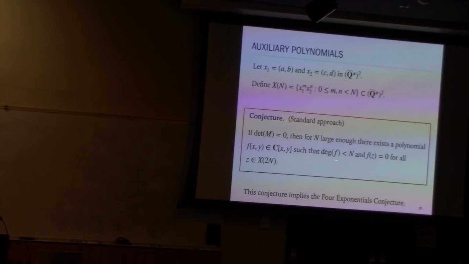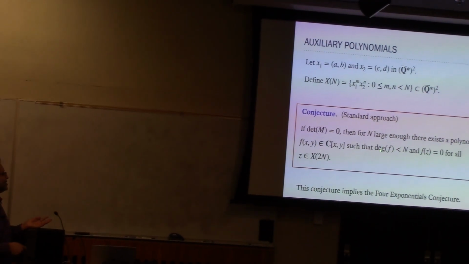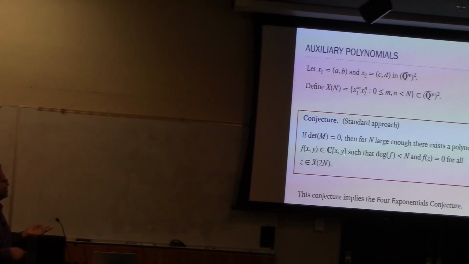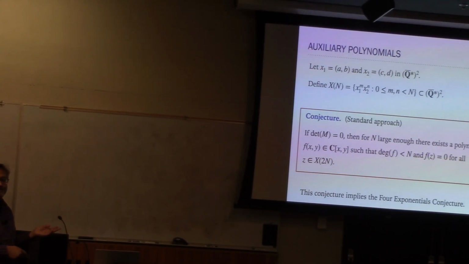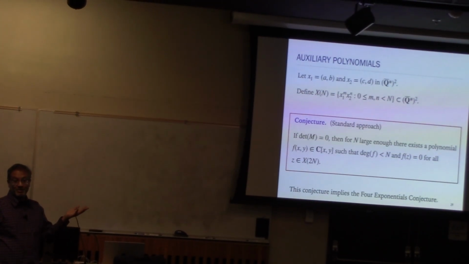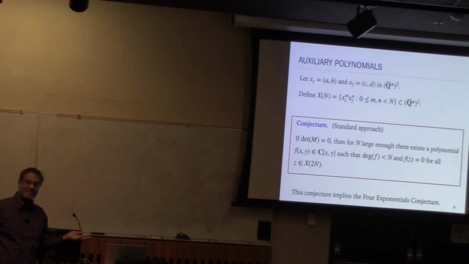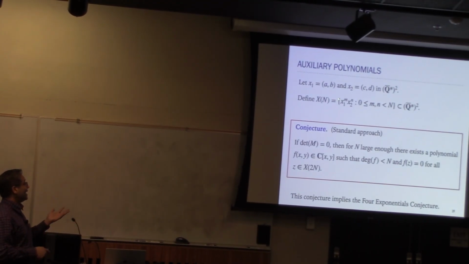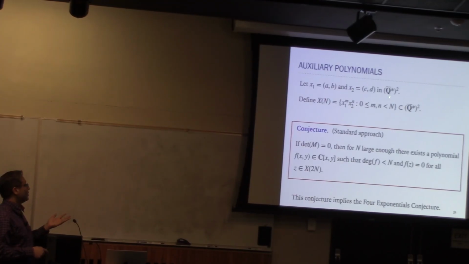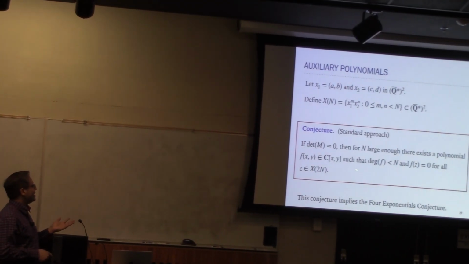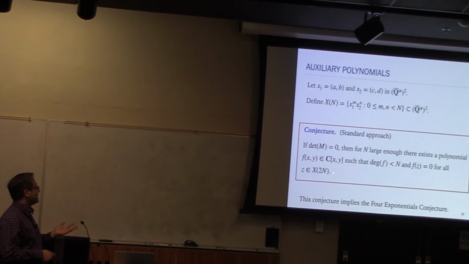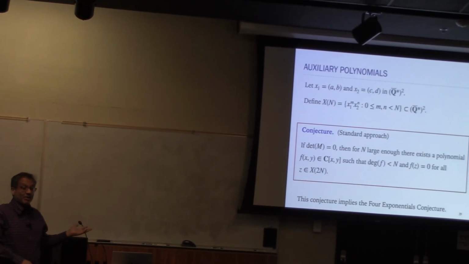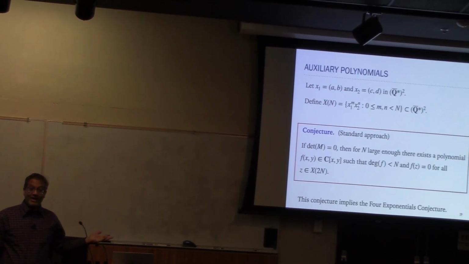So making a polynomial of degree n that has those elements as roots is not a big deal, because you have n squared monomials in a polynomial in two variables of degree n, and you only have n roots that you need. N squared is a lot bigger than n, so you can make a polynomial. If they don't line up like that, then you have n squared monomials and n squared elements, and you're not going to be able to make a polynomial of degree less than n that has all these as roots.